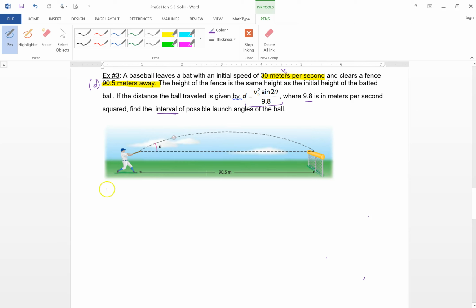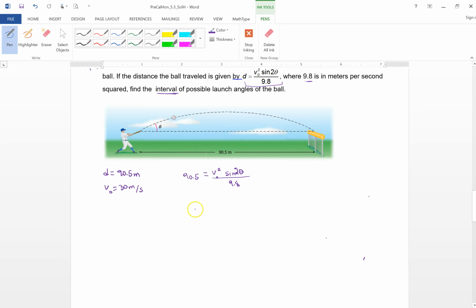All right, so let's see what we have. We're given that d is 90.5 meters, v0 is 30 meters per second, and we have an equation here for d, which is v0 squared sine 2 theta over 9.8. Since this is an expression for d, and we know that d is 90.5, we can set them equal to each other.